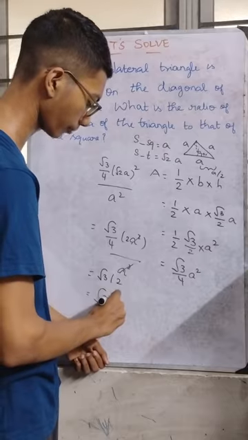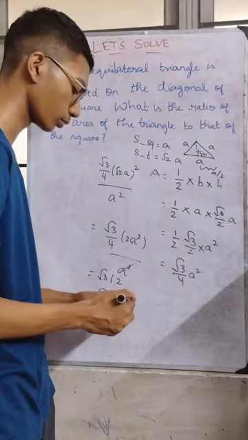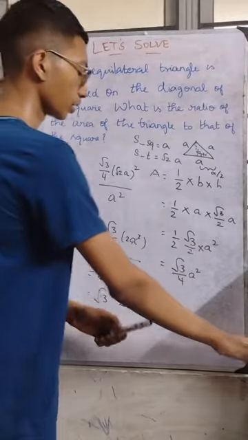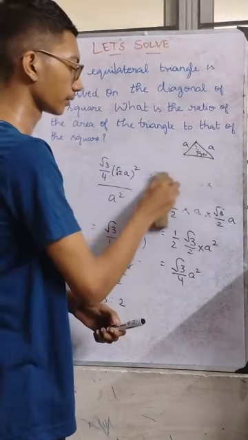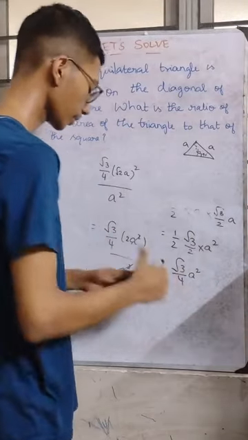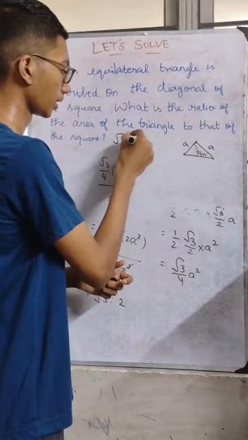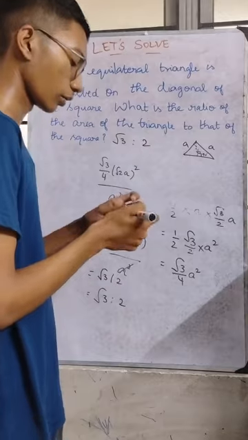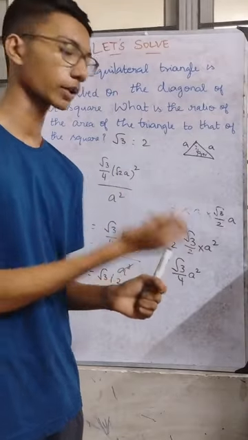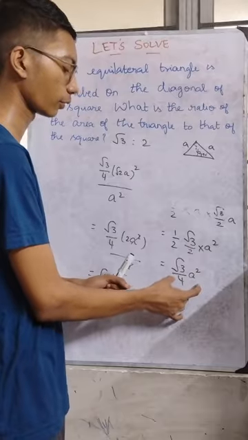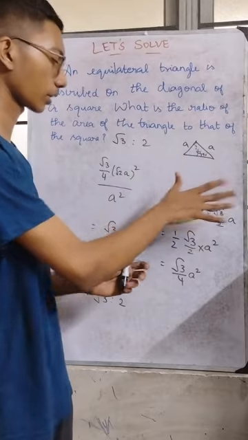In ratio form we can write it as root 3 is to 2. So this is the final answer: the ratio between the area of the triangle and the area of the square is root 3 is to 2. First we computed the area of the equilateral triangle with respect to its side length, which is root 3 by 4 a square, using the Pythagoras theorem.